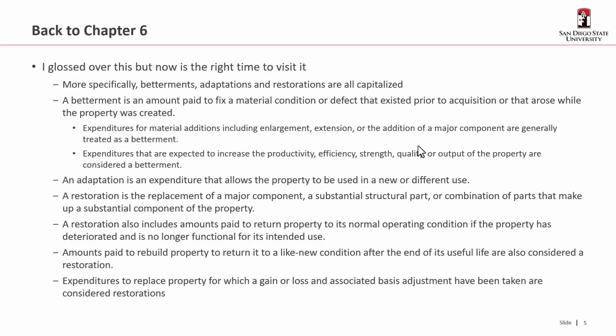And I think that rule is designed to capture the idea of, well, maybe instead of buying a new one, we're just going to spend a bunch of money and rebuild what we have. And the outcome shouldn't be different. I think the way the IRS wrote the law is like, hey, under either of these circumstances, you should have to capitalize those costs. The last one is expenditures to replace property for which a gain or loss and associated basis adjustment have been taken.